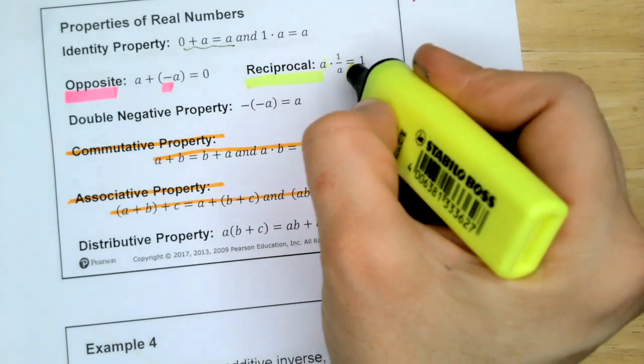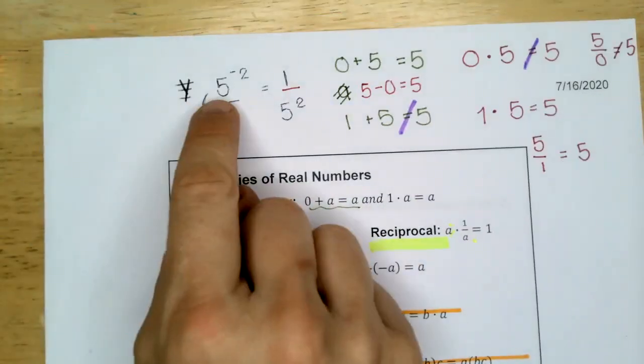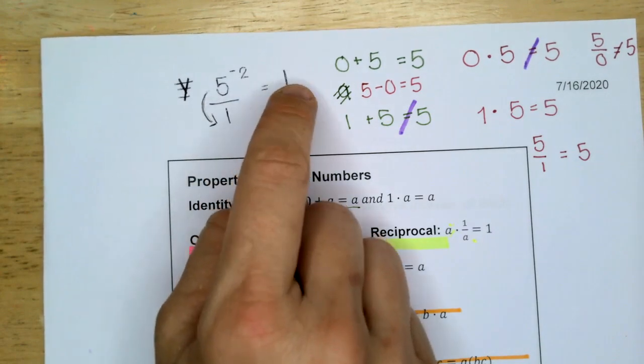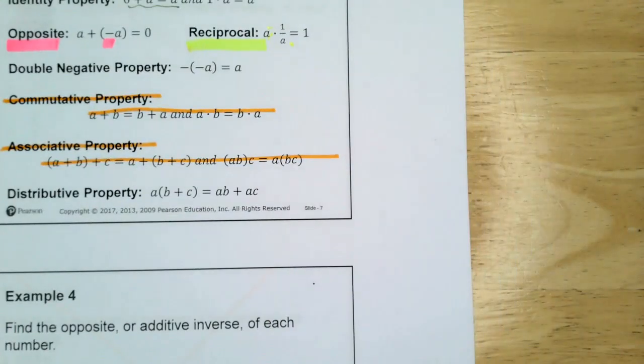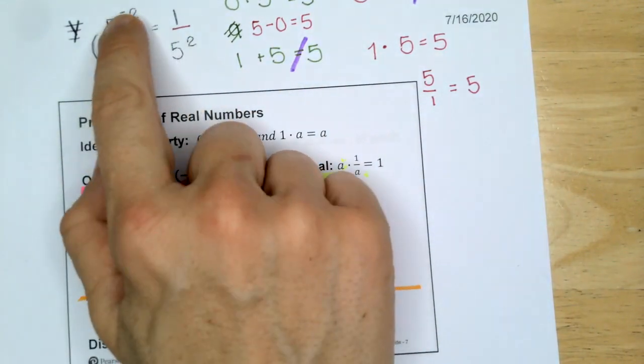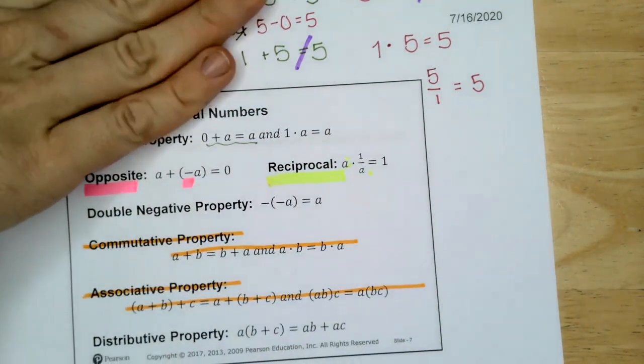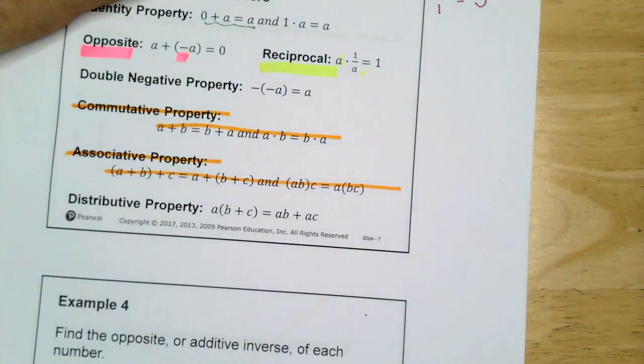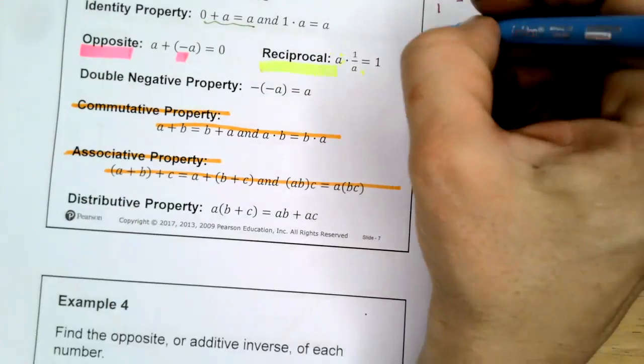You have A and you have 1 over A. Just like here we had 5 to the -2 and 1 over 5 to the -2. Those are reciprocals, except I shouldn't delete that, right? Because I changed it from -2 to +2. Ignore that.